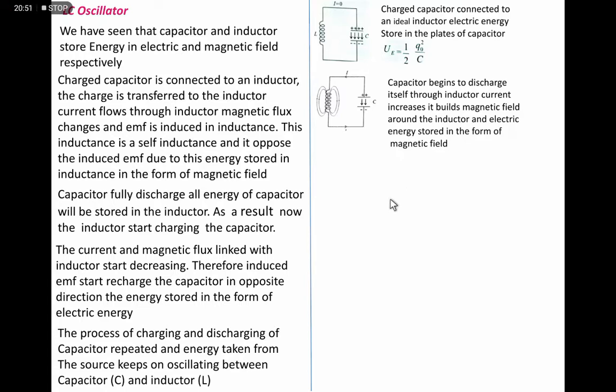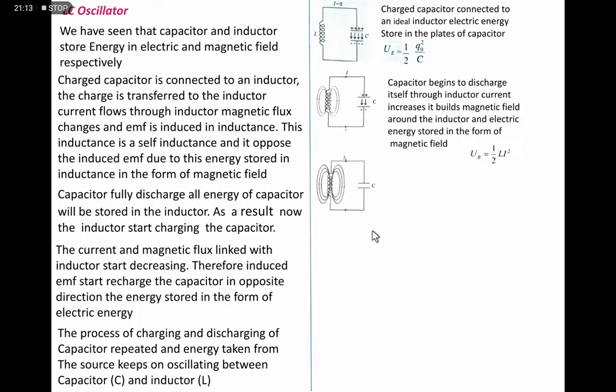I already explained this over here. This magnetic energy is half L I square. How is this the equation? It is studied in electromagnetic induction. The electrostatic energy is this, and the magnetic field energy is given by this equation.